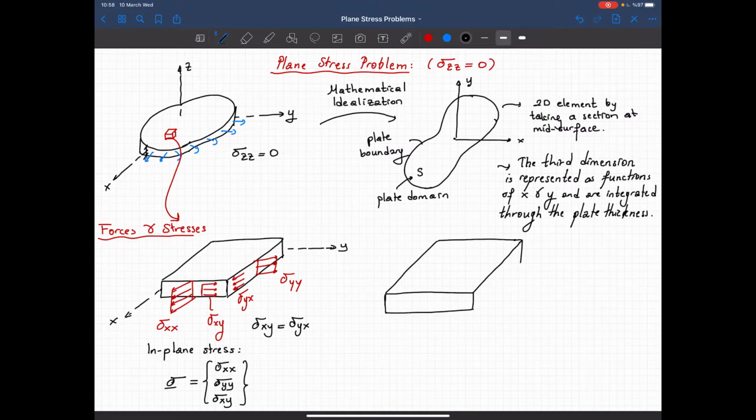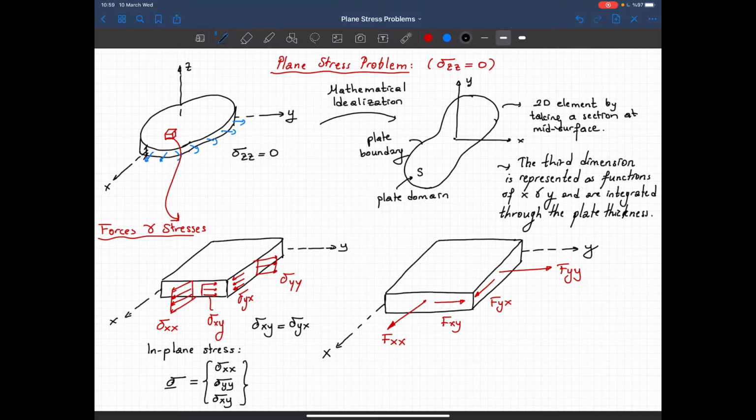So let's show the forces on this membrane element. Again, this is our infinitesimal element. We have the y-axis here. This is the x-axis. We have the integrated version of these stresses on this infinitesimal element. This is fxx. We have fyy here, and we have the shear forces on this infinitesimal element. This is fxy and this is fyx.